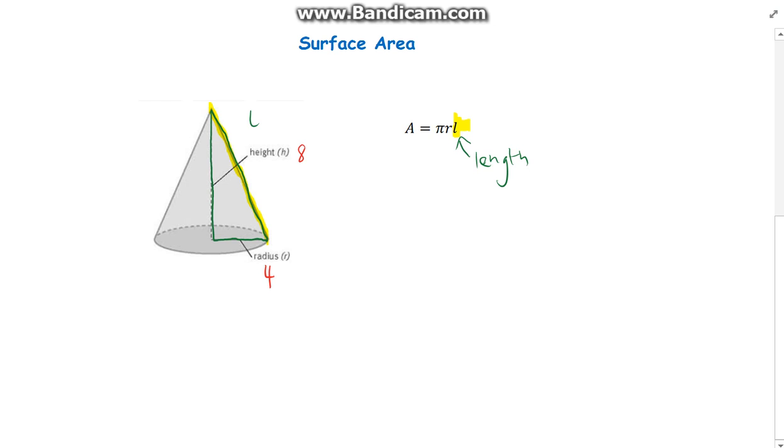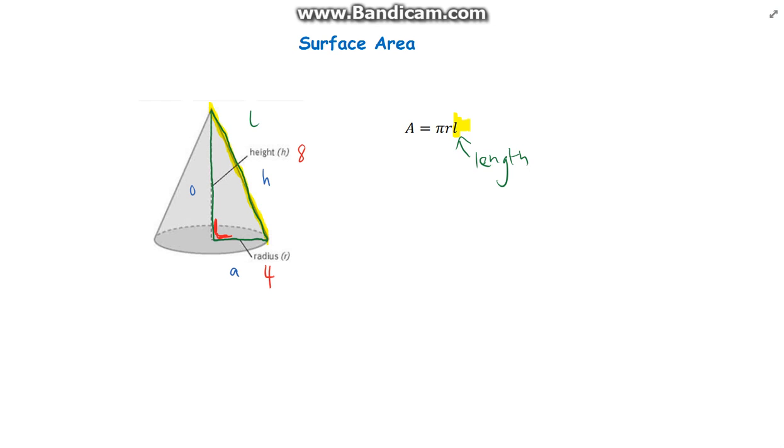So it's a right angle triangle, so this will be our hypotenuse. Our opposite and our adjacent don't matter because there's no other angle. We're looking to find our L, so we don't know what L is, or our hypotenuse.